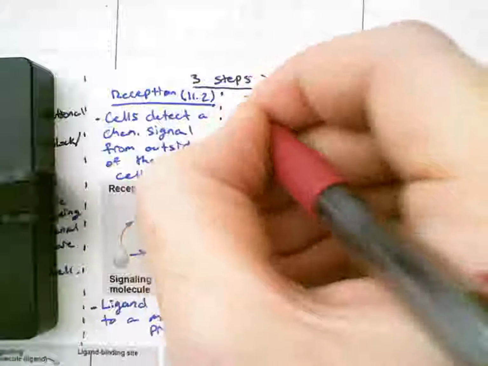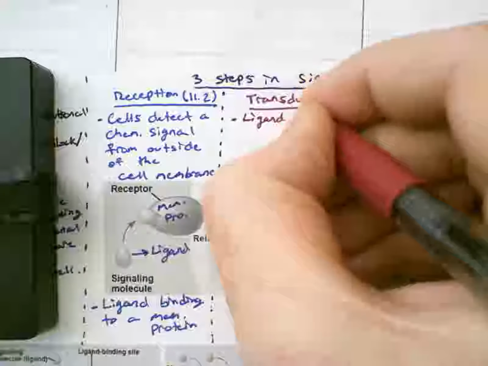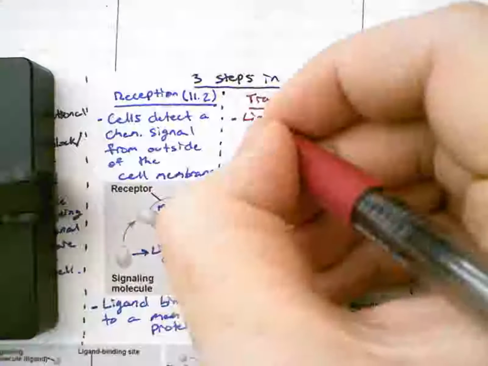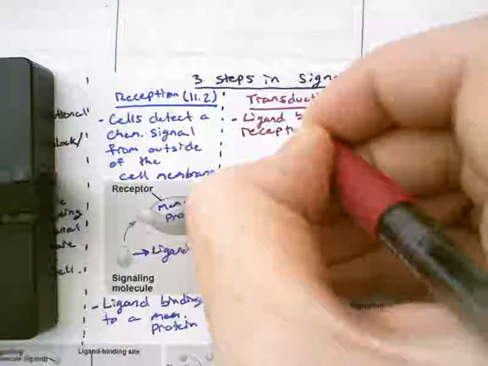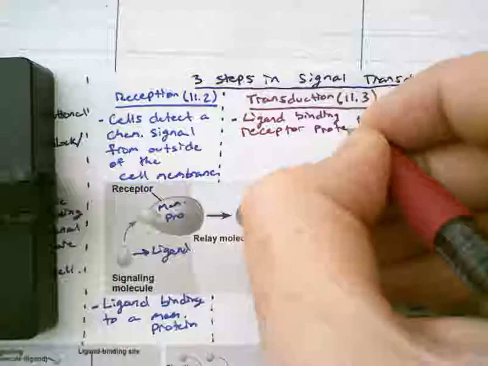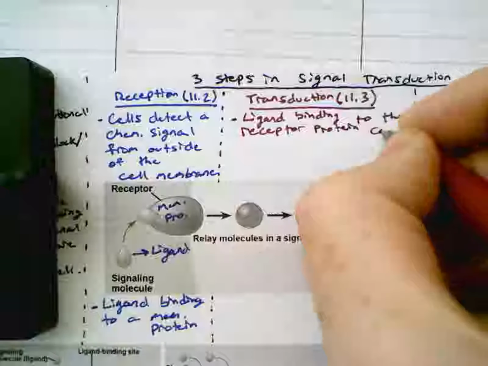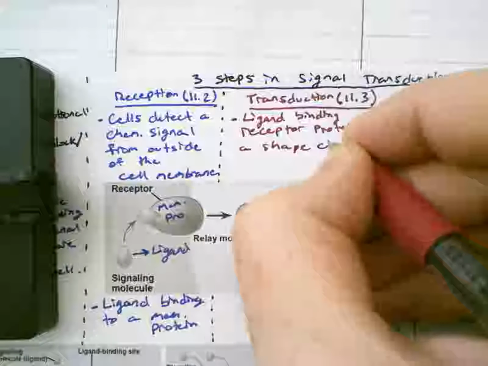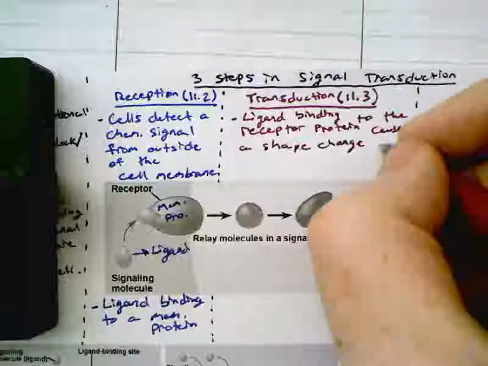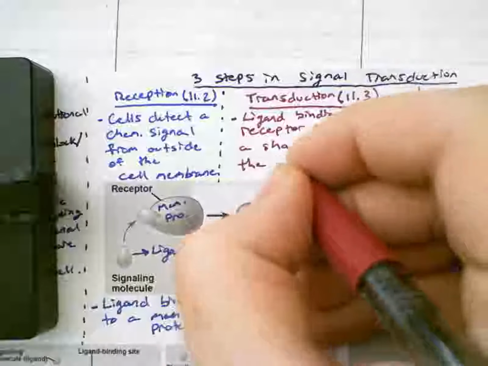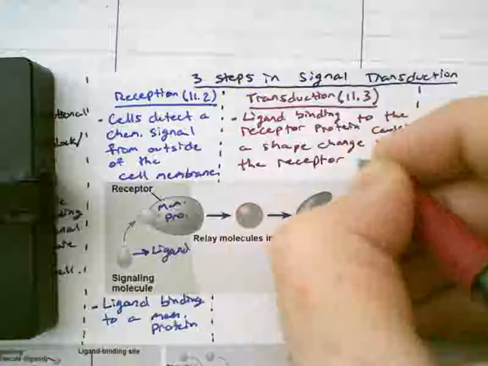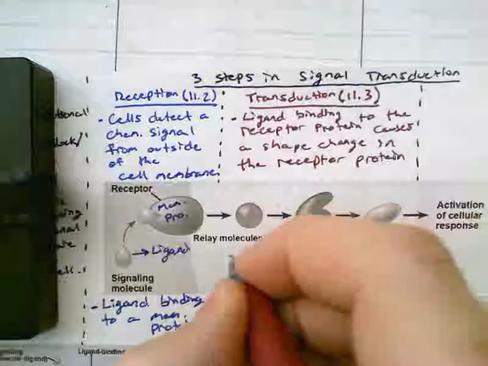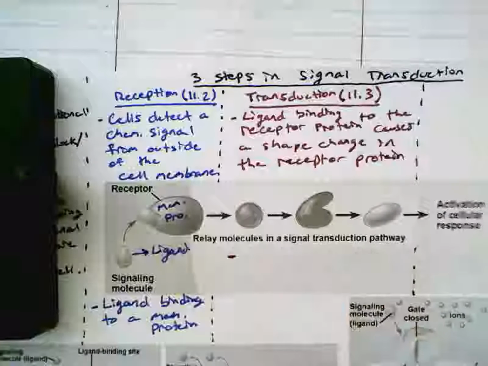So, ligand binding to the receptor protein or membrane protein causes a shape change, a conformational change in the receptor protein. All right, and what that's going to do, so then we'll just go directly below where it says relay molecules here.